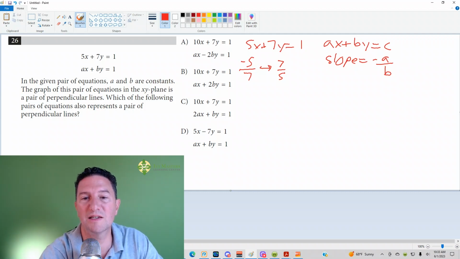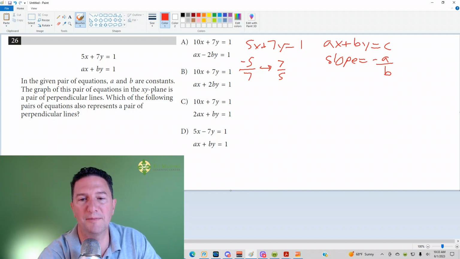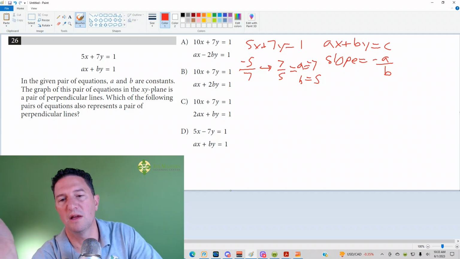So in that case, what you can say here is that for the perpendicular line, your A equals 7 and your B equals 5. Actually, it's negative a over b. So negative a equals 7, which would make a equal negative 7.